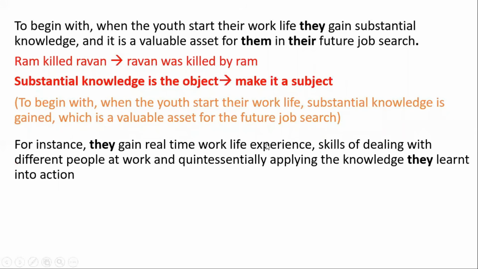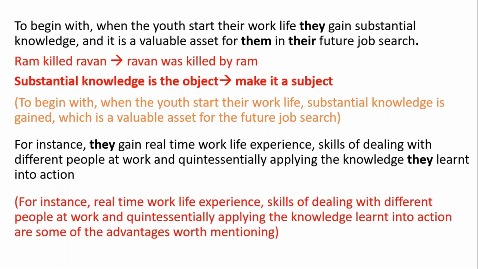We'll continue. The next line is, "For instance, they gain real-time work-life experience, skills of dealing with different people at work, and quintessentially applying the knowledge they learned into action." They gain this, they will apply the one they learned into action. Instead, you could have put it in a much better way, isn't it?